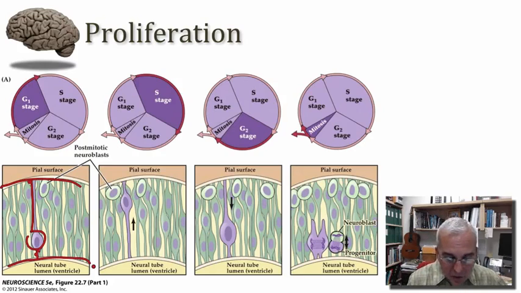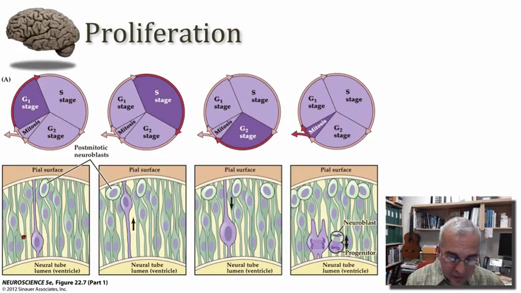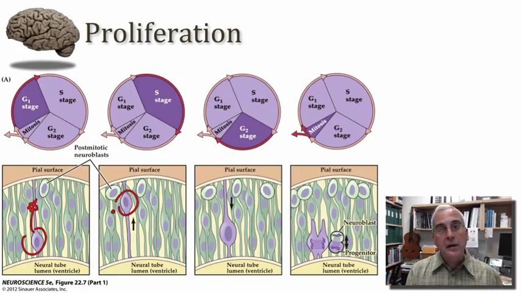Now, along this path between the pial surface and the ventricle surface, this cell body becomes motile. That is, it migrates in the up and down directions towards the pia and then back towards the lumen of the ventricle.